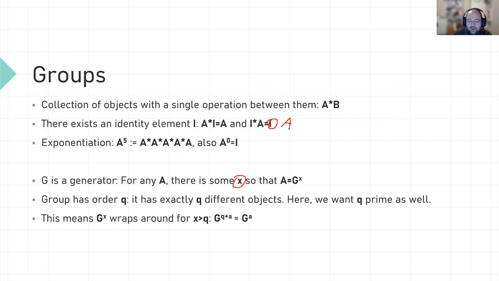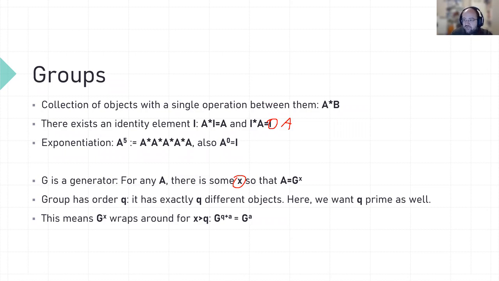Now, what we mean when we say that a group has an order Q is that this group has exactly Q different objects. And for technical reasons, we want Q to be a prime number. So if we have exactly Q objects in our group, what happens if we raise some element or the generator to some power that is greater than Q? Well, what happens is that we get one of those existing elements.